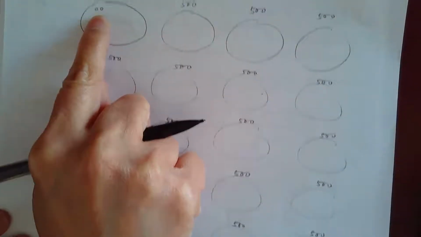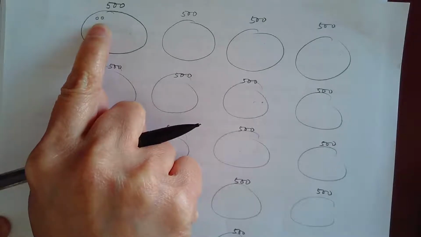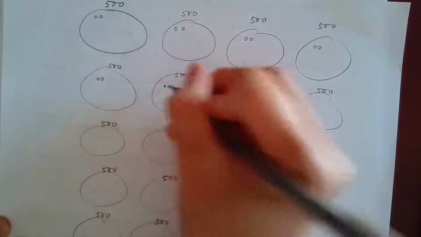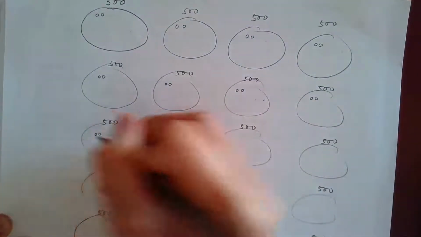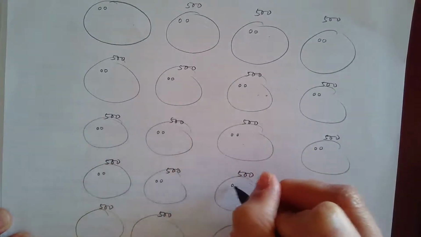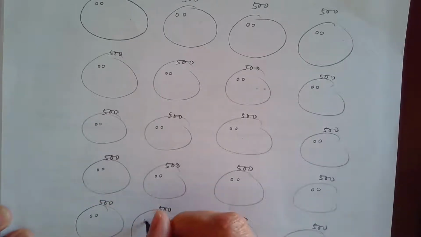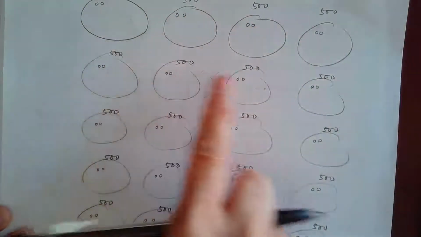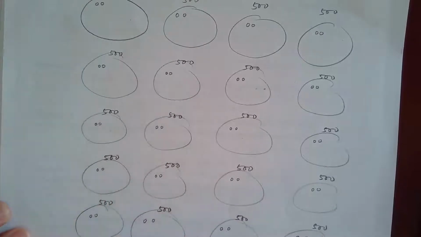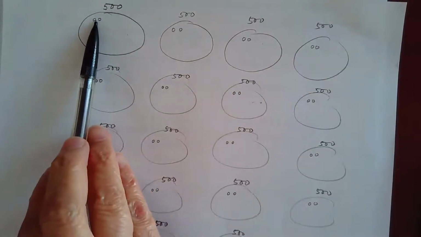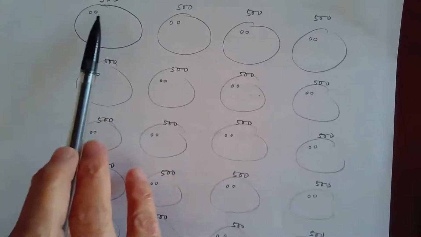Now in each 500, two are defective. So how many are there altogether?